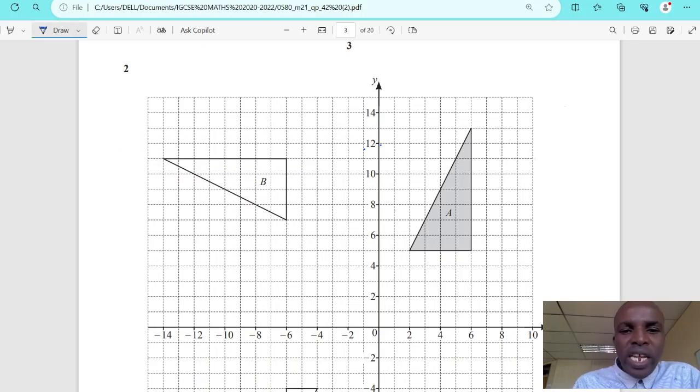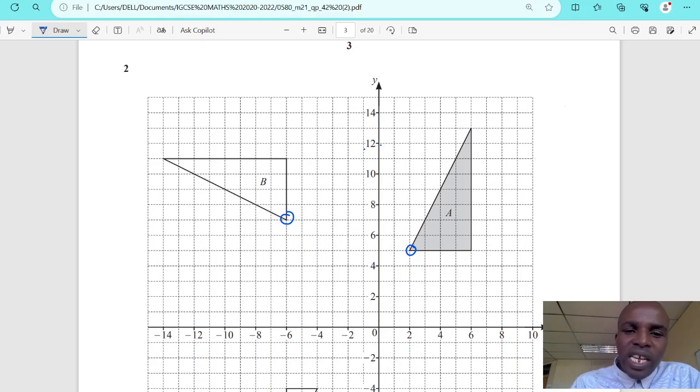Basically, you join two points, like this point and this point. These are the corresponding points. So you join them such that there must be two rulers that will be making 90 degrees. And on rotation, please take note, the distance of the image from the center of rotation is exactly the same as the distance of the original point from the same center of rotation.